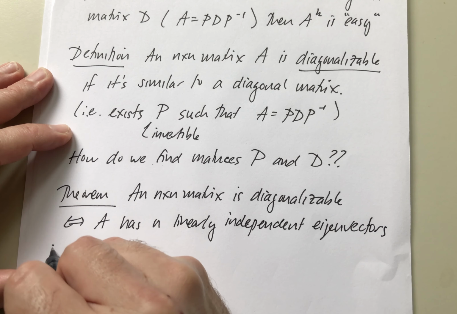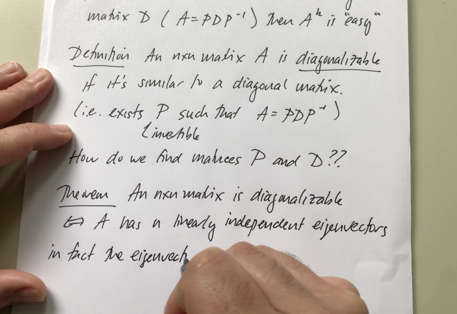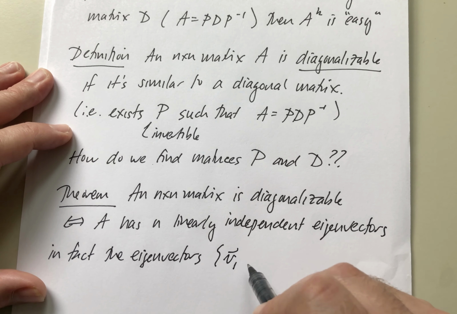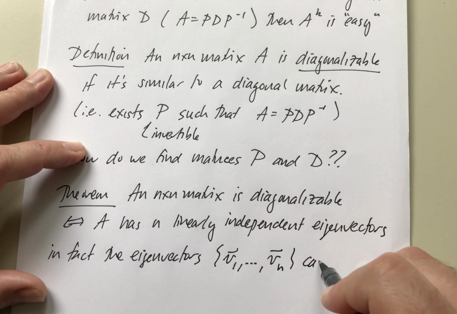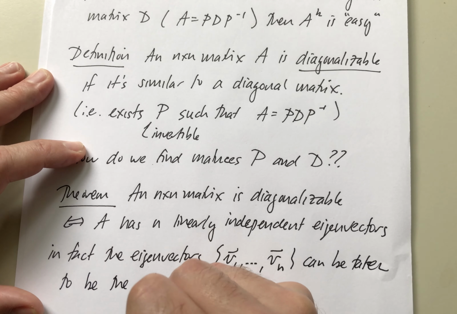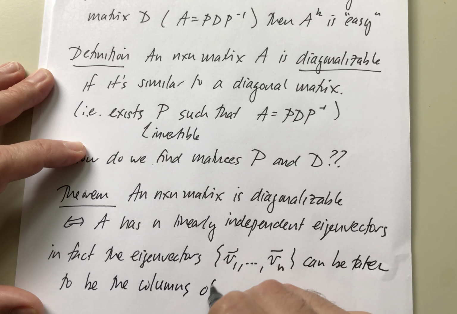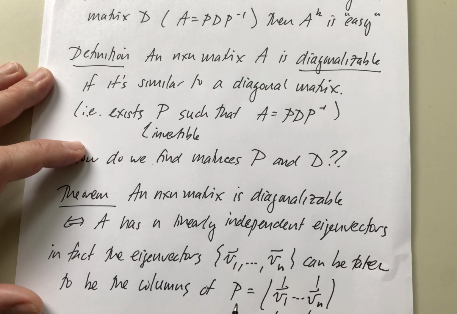And what more is true is that if you happen to have a collection of n linearly independent eigenvectors, call them v1 through vn, these can be taken to be the columns of the matrix P. So you take those vectors v1 through vn and make them into the matrix P, and D will then be a diagonal matrix.